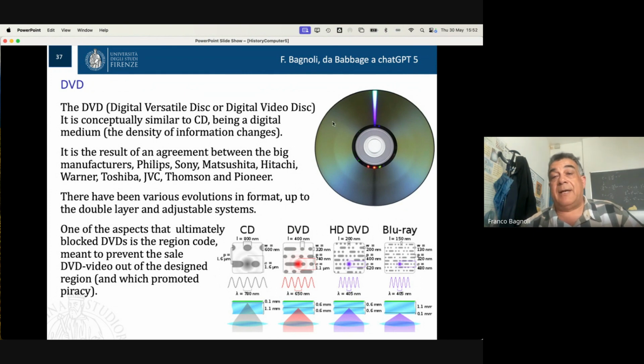You could not buy a DVD in the USA and play it in Europe, and clearly people started to say, okay, if I cannot do that, I will use pirated DVDs instead of buying, say, two players.